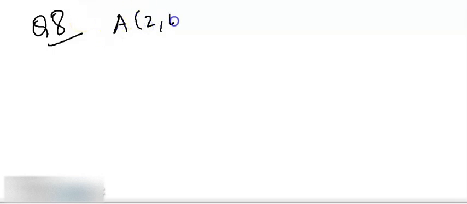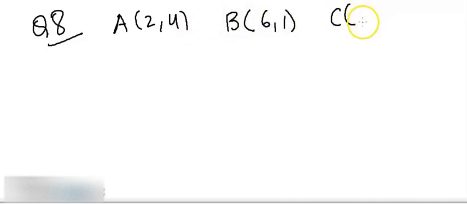And the last question, question 8, says that A, B, C are collinear, show that 3p + 4q = 22. A is (2, 4), B is (6, 1), C is (p, q).